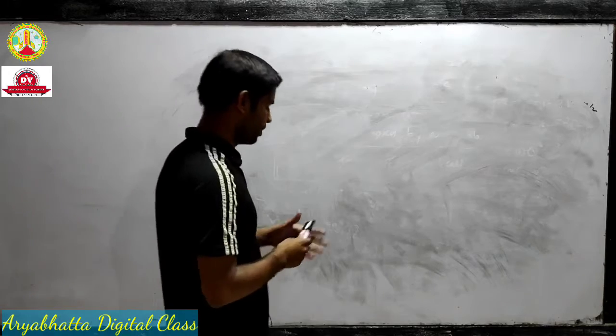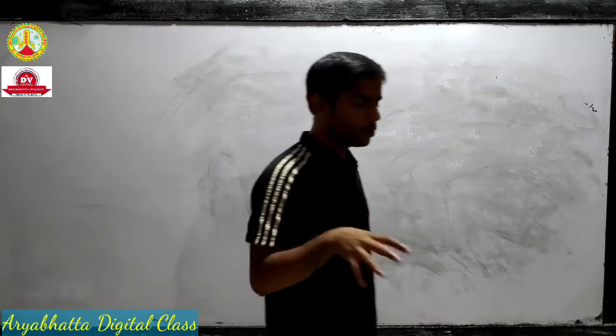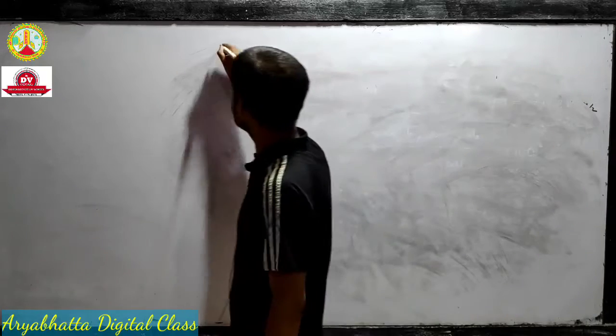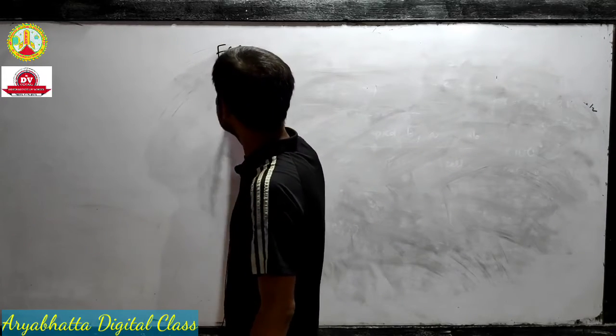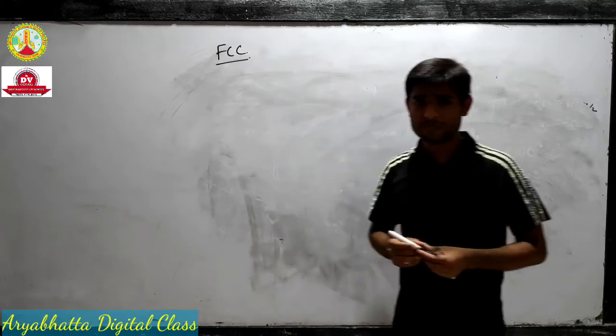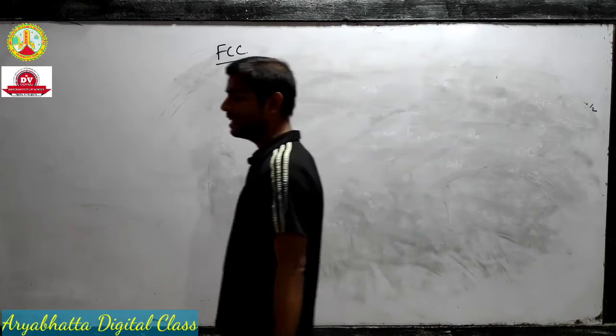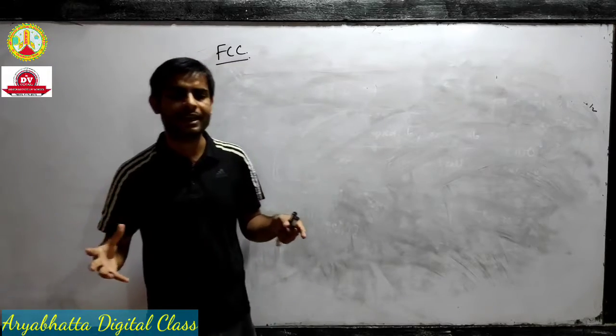Now, in the formula of packing efficiency, first we will try FCC, that means face centered cubic lattice. So let me quickly remind you what a face centered cubic lattice was.